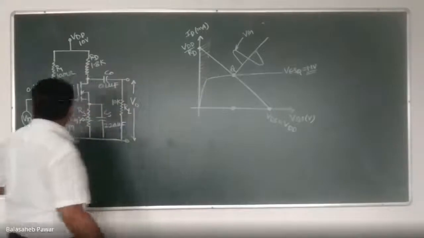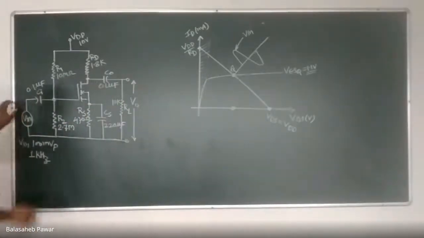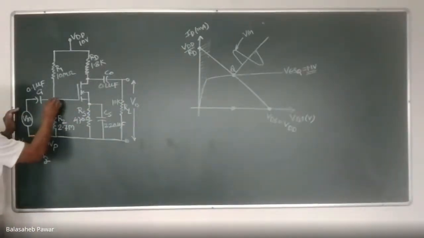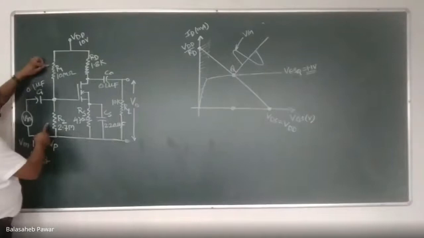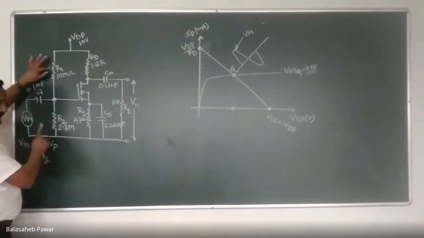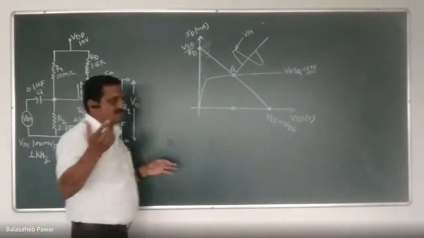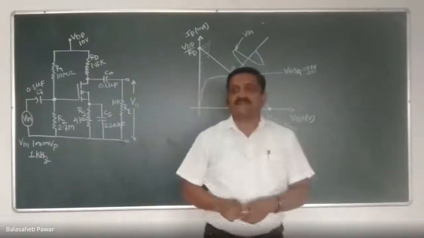Later on, we are applying the input, and that input voltage gets overlapped at this node where that 2 volt fixed DC voltage is already available by this R1 and R2. 2 volt, at 2.1 volt something, it was there, right?